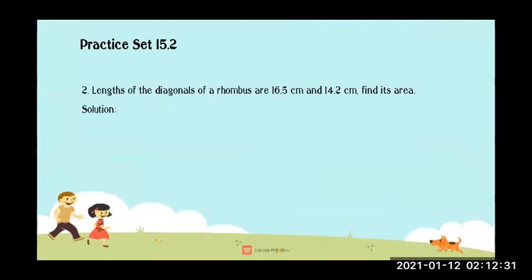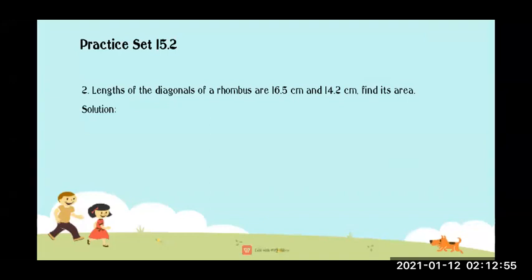Okay, the next statement will be diagonal 2 equal to 14.2 centimeter. Very well. The first statement is D1, and the second is D2. Next, third step, you have to write the formula, that is area of a rhombus equal to half into product of the diagonals.